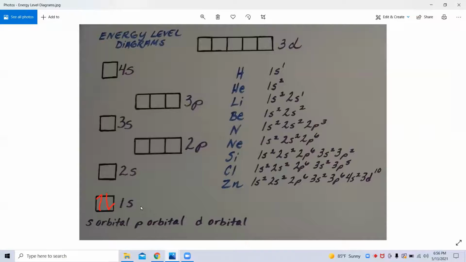So after helium, we're moving on to lithium. The electron configuration for lithium is 1s2, 2s1. Now, we know we have 2 electrons in the 1s orbital. We already have those drawn, so no need to do that again. Then lithium is going to be 2s1, and it's 1 electron represented by the superscript.